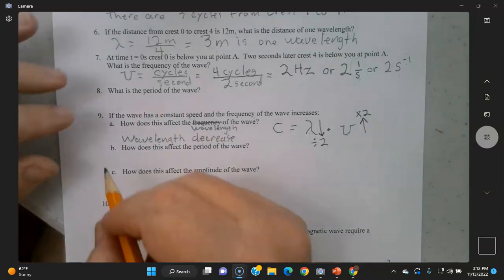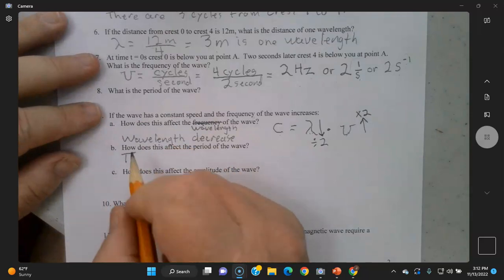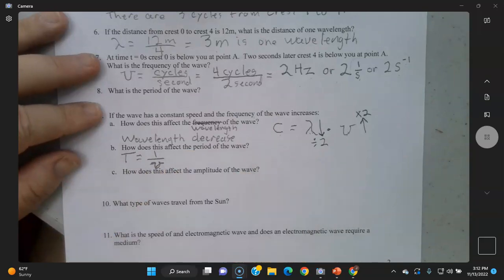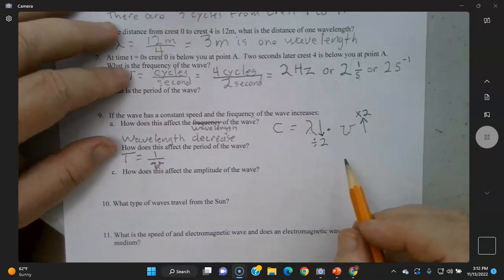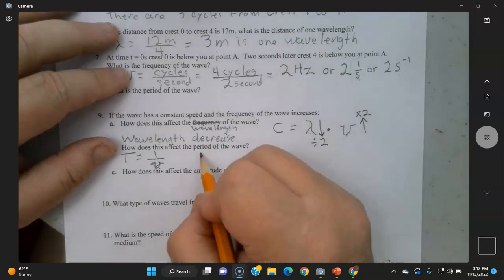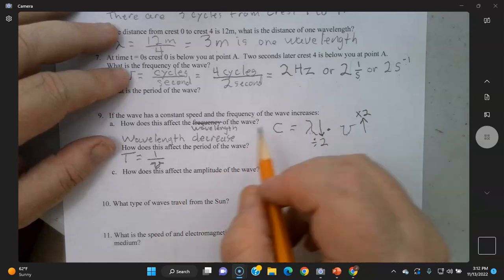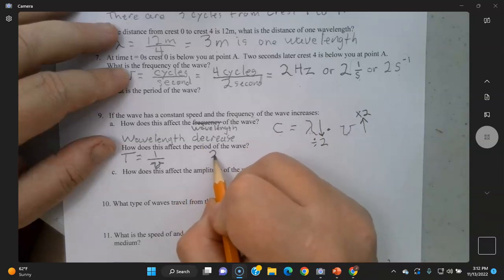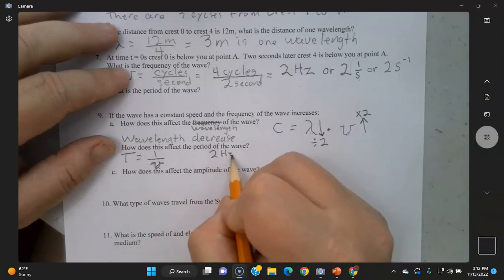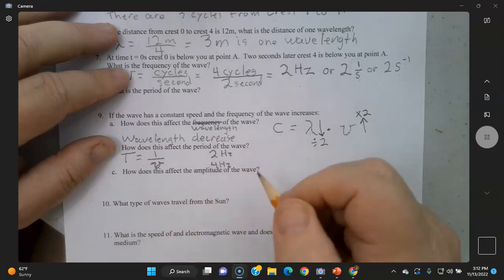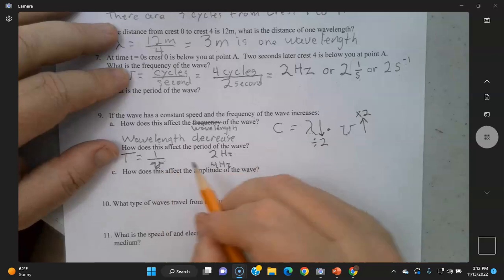How does this affect the period of the wave? Alright? So period is T, again you got to watch the lecture video, is 1 over the frequency, 1 over nu. Alright? So let's just pick some numbers. If the frequency of the wave increases, let's say it goes from 2 hertz to 4 hertz, that's increasing, then the period in this case is 1 over the frequency.